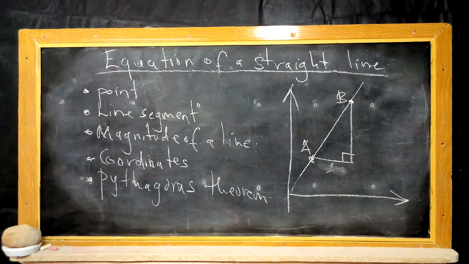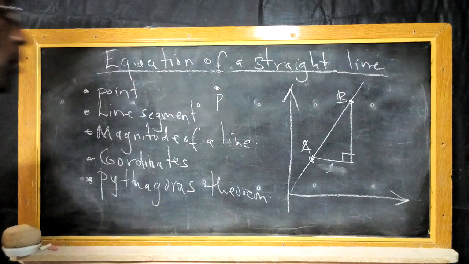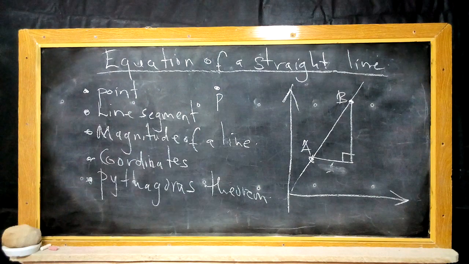We said that we can have a point in space, which is basically a small location in space that has got no length, width or height. And if I say this is point P, it's an arbitrary point in space that has got no length, height or width, and we call that one a point.